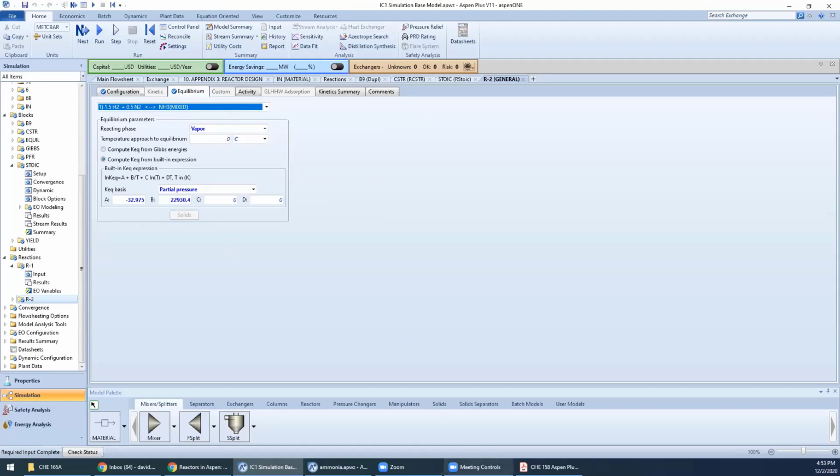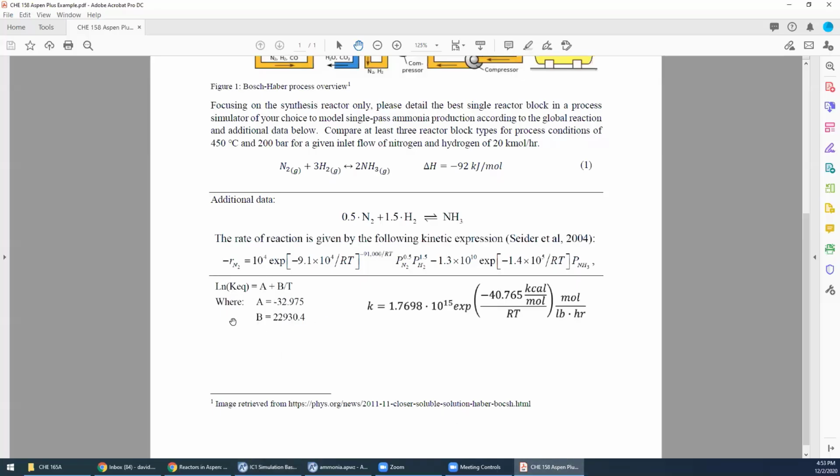And so I put in this equilibrium expression. And again, this big K, K equilibrium, is related to the Gibbs free energy, or the change in Gibbs energy of the system. But I'm telling it an explicit equation to use instead of allowing the database thermo to take over and tell me what's going to happen. Okay.